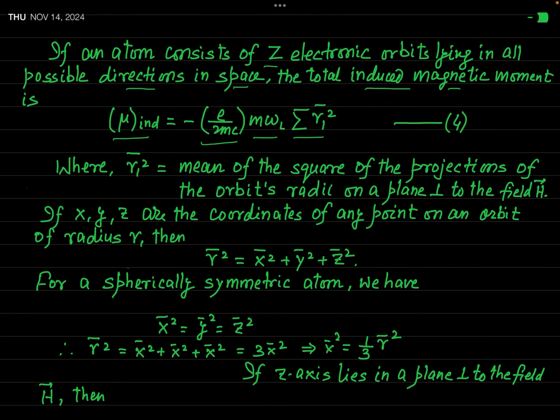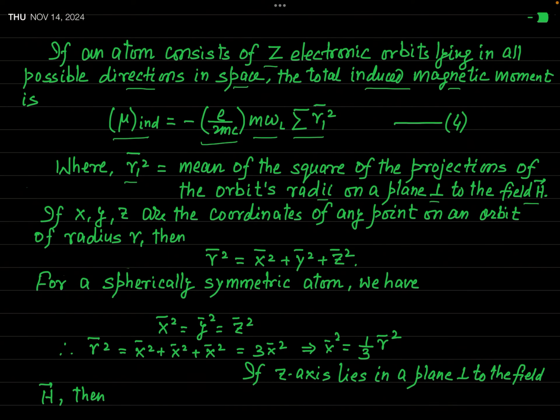Here, the bar sign represents that R1 square bar is the mean of the square of the projection of the orbit's radii on the plane perpendicular to the field H. Okay.